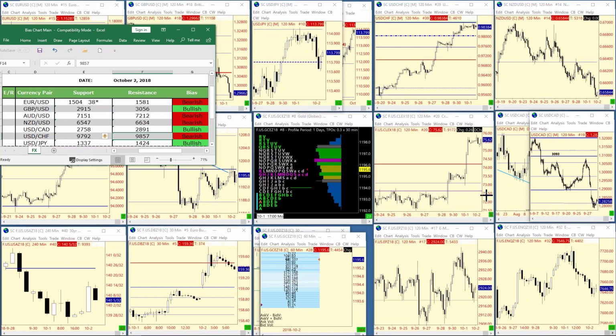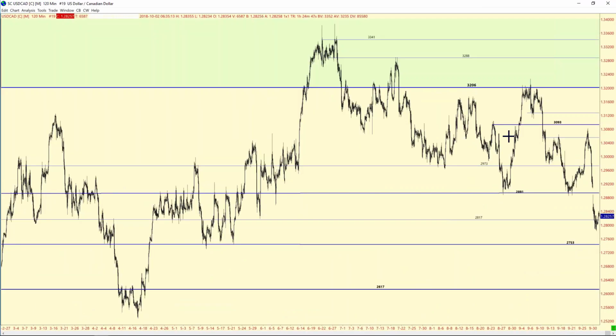That's quite the fall here in the dollar CAD. We tried to make a pretty good run up in here and slid back. I have a good chance if we get down here, this 27.53. Now we know 27.26 is a 50%, so maybe we take a quick overshoot of this area.